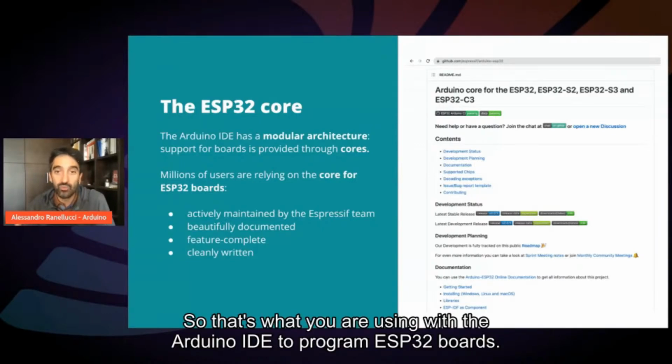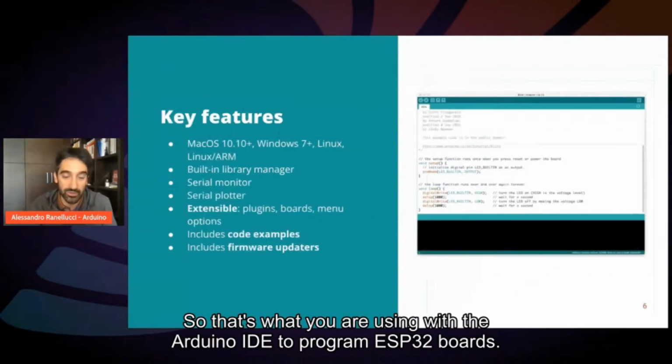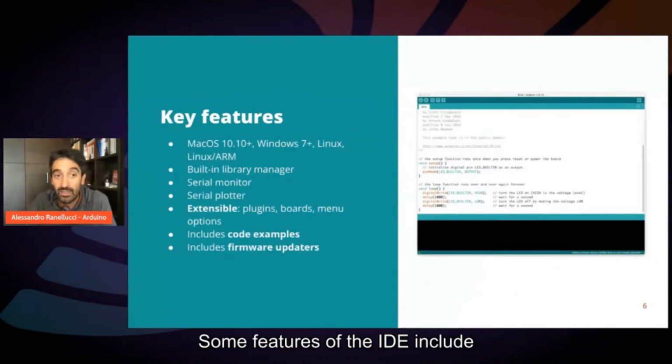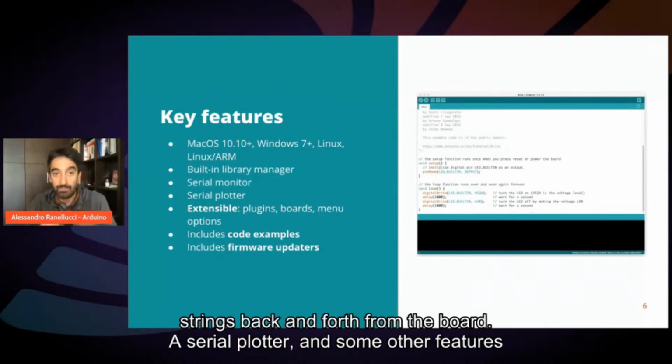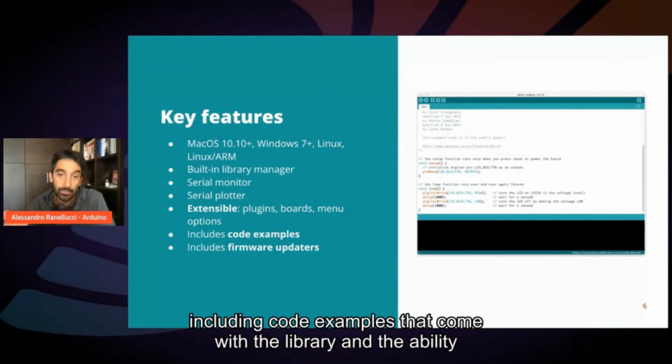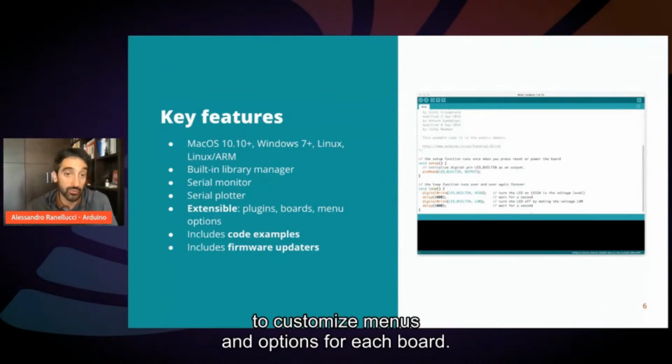So that's what you are using with the Arduino IDE to program the ESP32 boards. Some features of the IDE include the library manager, a serial monitor where you can send and receive strings back and forth from the board, a serial plotter, and some other features, including code examples that come with the library and the ability to customize menus and options for each board.